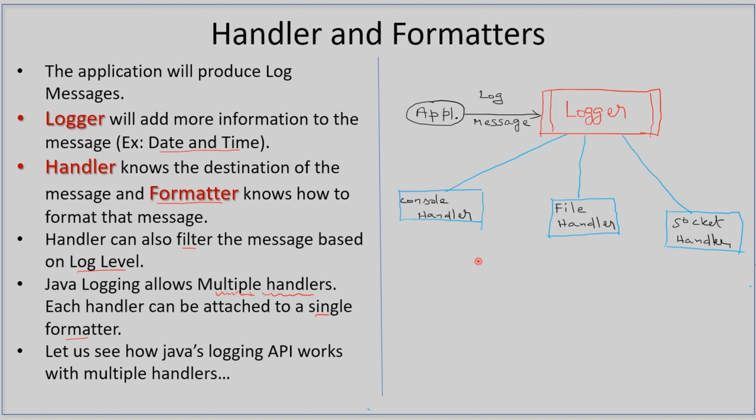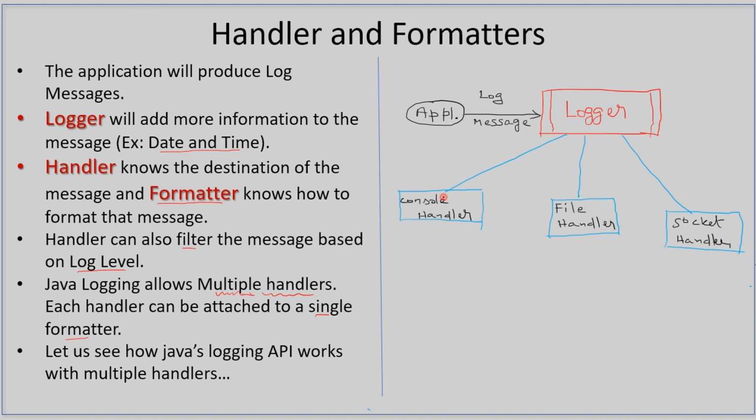So we can have a level 1 filter here at the global level. Then at the handler level, we can have a further filter. Say we can have a global filter here and a level 2 filter here.